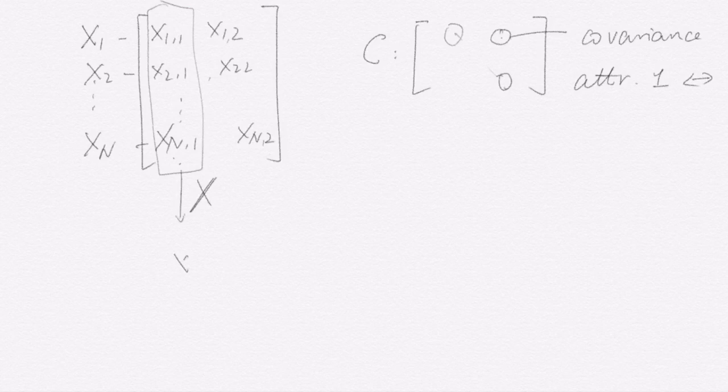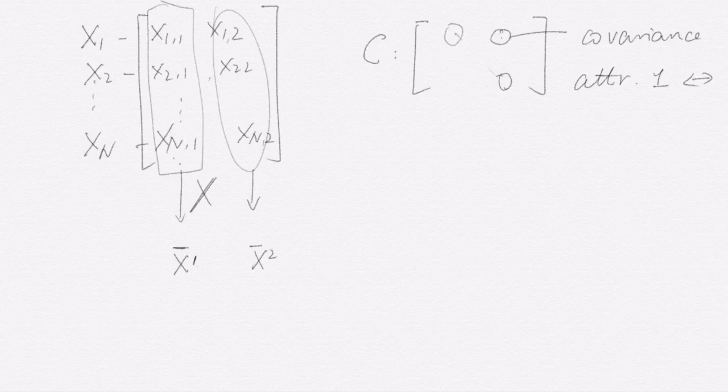Let's call it x1 bar. So I put this 1 here as the superscript to represent that it refers to the first attribute, and the bar denotes that it is the mean value. And for the second attribute, we can calculate another mean value, call it x bar 2.